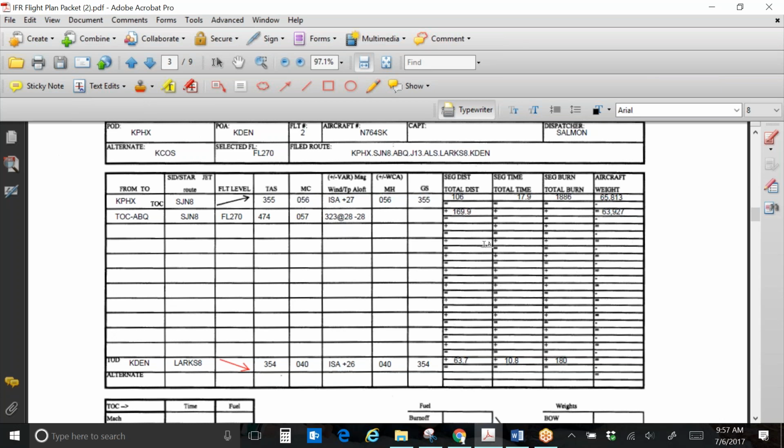So now we need to figure out what our wind correction angle is, and I'm going to do that using the whiz wheel. I'm going to try and make this work the best that I can here. I'm going to turn this thing onto camera mode, so bear with me for just 1 second here.